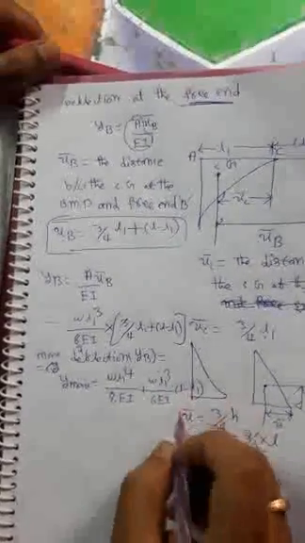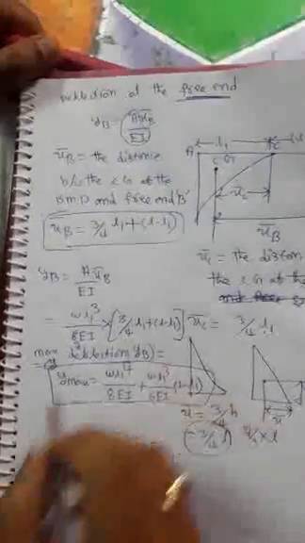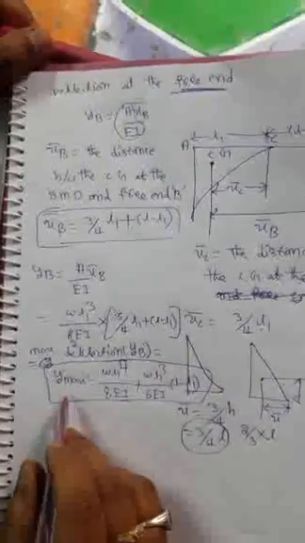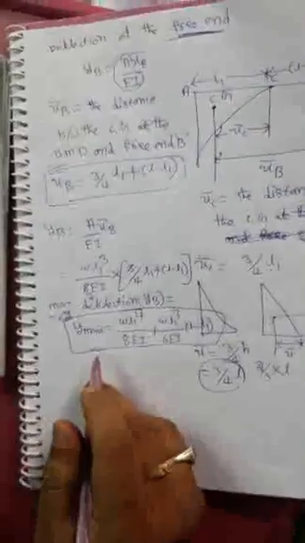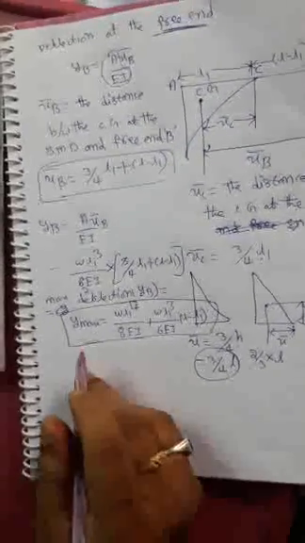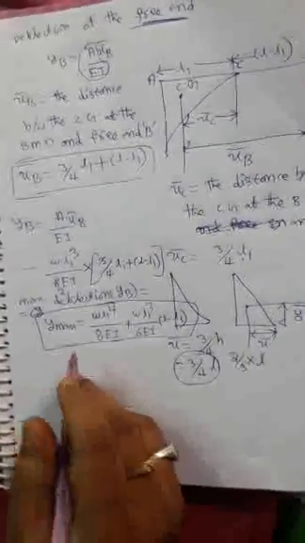So this is the y maximum. This is the y maximum, and yB is nothing but the y maximum. Maximum deflection occurs at the B position.